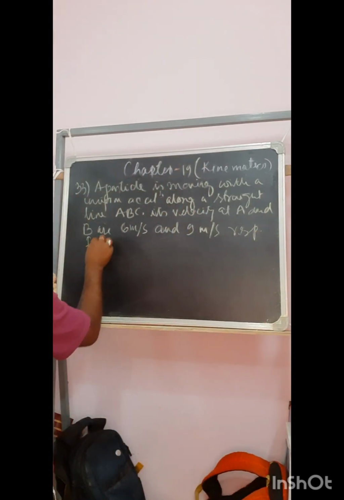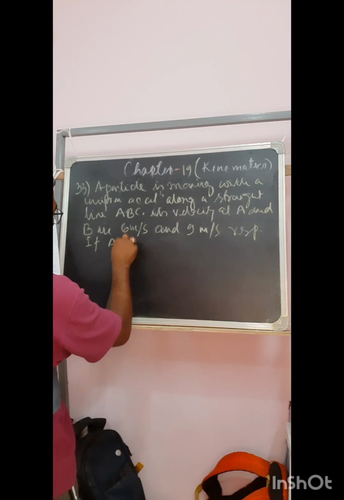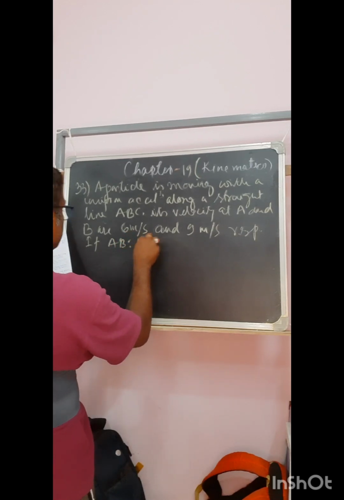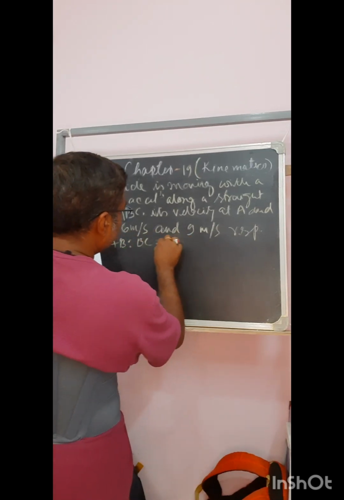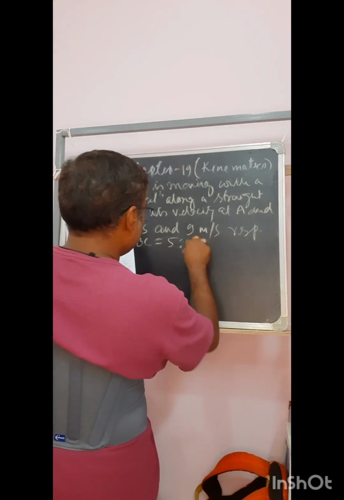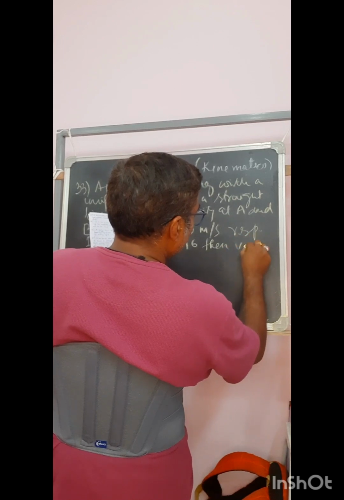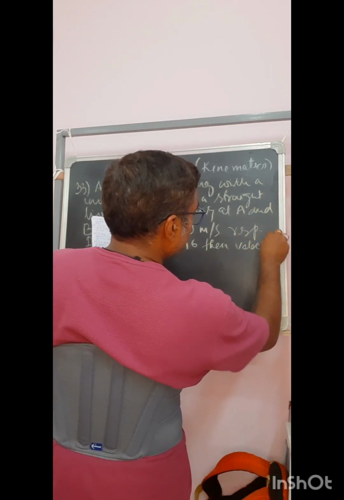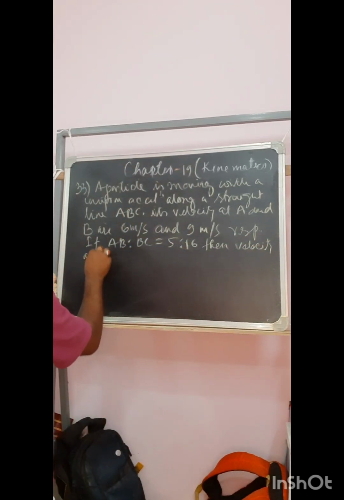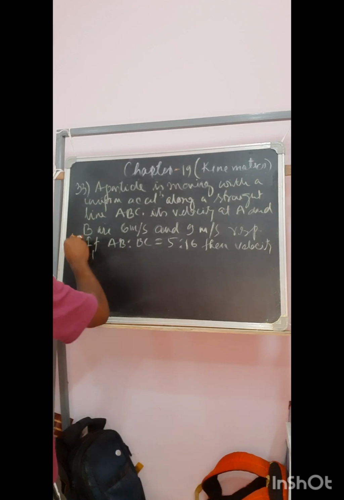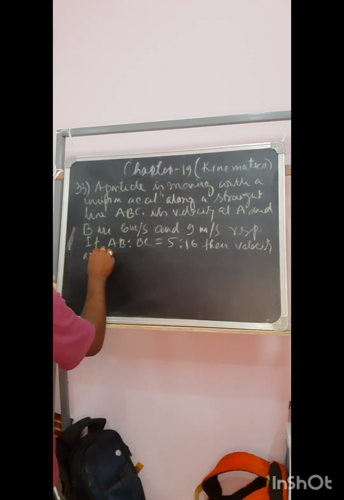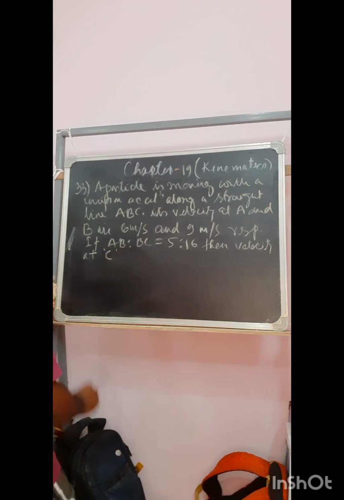If AB to BC is equal to 5 to 16, then the velocity at C, that you have to find.